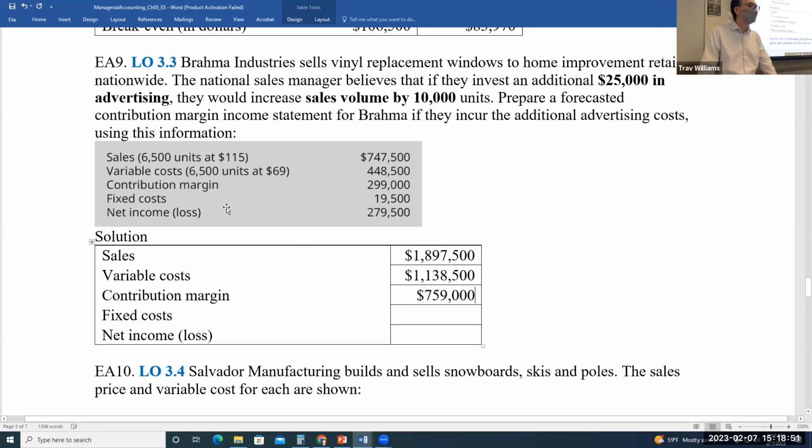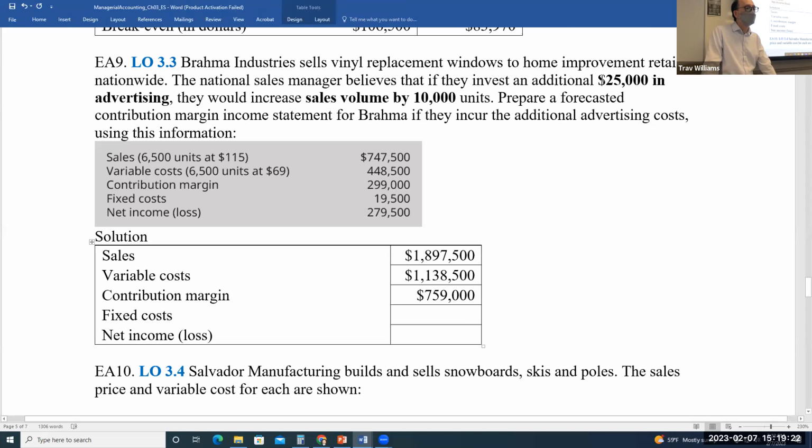Okay, it says here our fixed costs were 19,500, but that extra $25,000 in advertising, it's not a production cost, right? But it is a fixed cost. And the way we're doing this here is not separating out our administrative from our production costs.